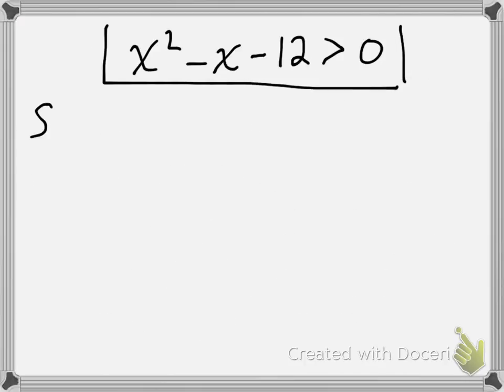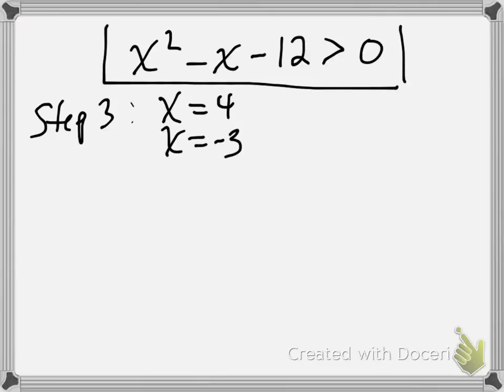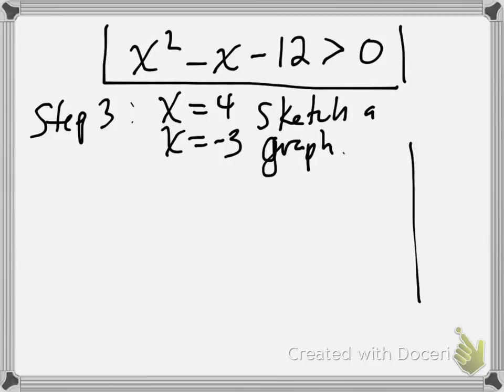In step 3, I'm going to take those solutions, x equals 4 and x equals negative 3, and you're going to sketch a graph. This does not have to be anything super accurate.